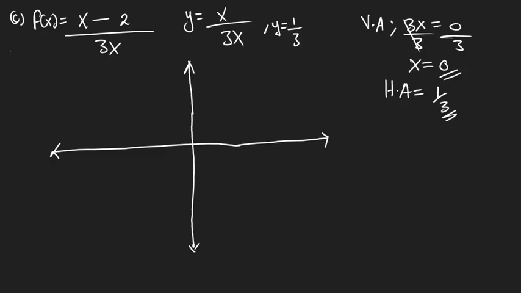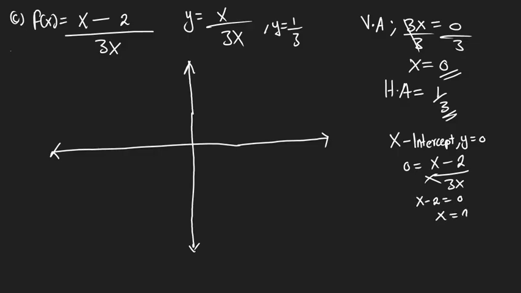So let's try to find the x-intercept for the sake of just mathematics. The x-intercept is found when y is equal to 0. So we put 0 there, x minus 2 over 3x, cross multiply. You are going to have x minus 2 is equal to 0, then x is equal to 2.